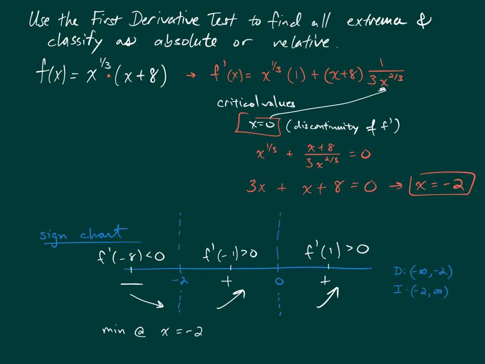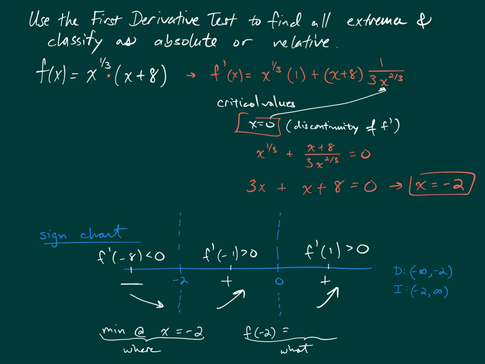And the other part of that is, what is the minimum value? Well, the minimum value here is what you would get if you find f of -2. So this is where the minimum happens. This is what the minimum value is.